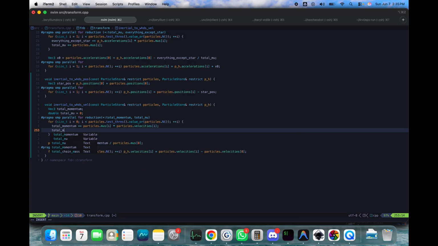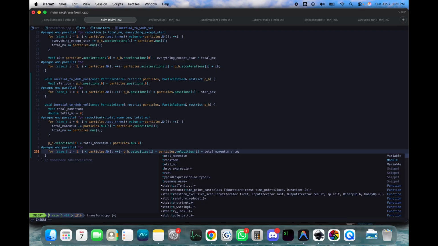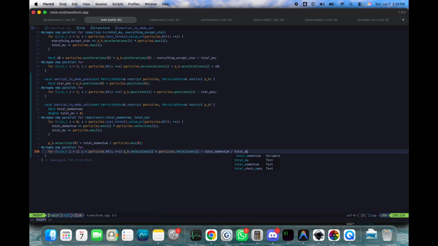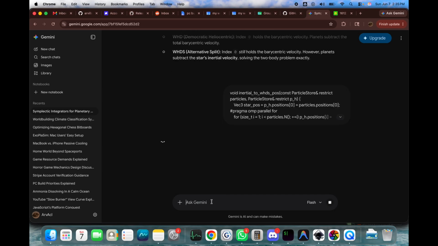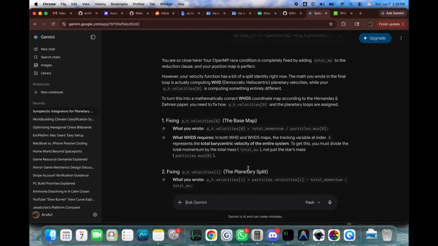Now if I just do total mu plus equals particle dot mu index I, we can now get total momentum divided by total mu. Okay. Pasting this in now. Hopefully this is correct.